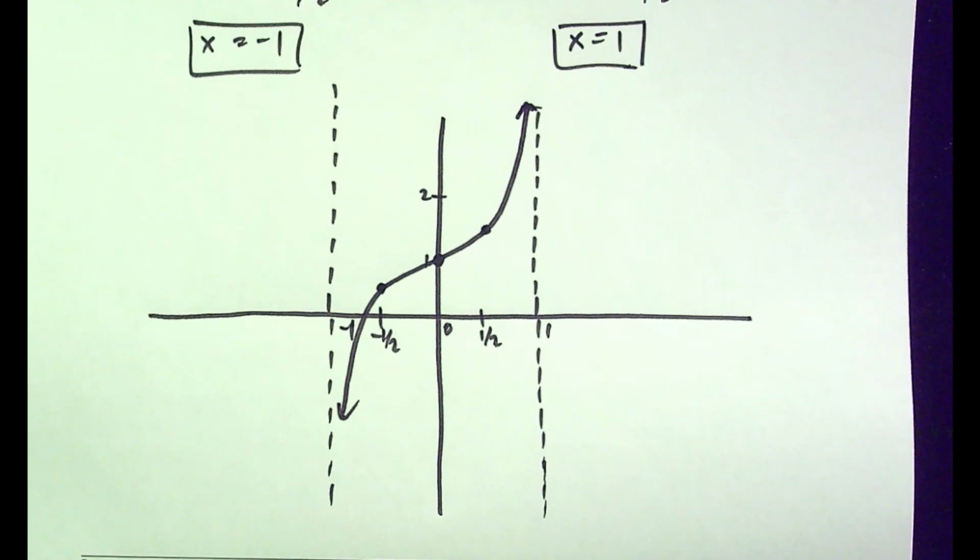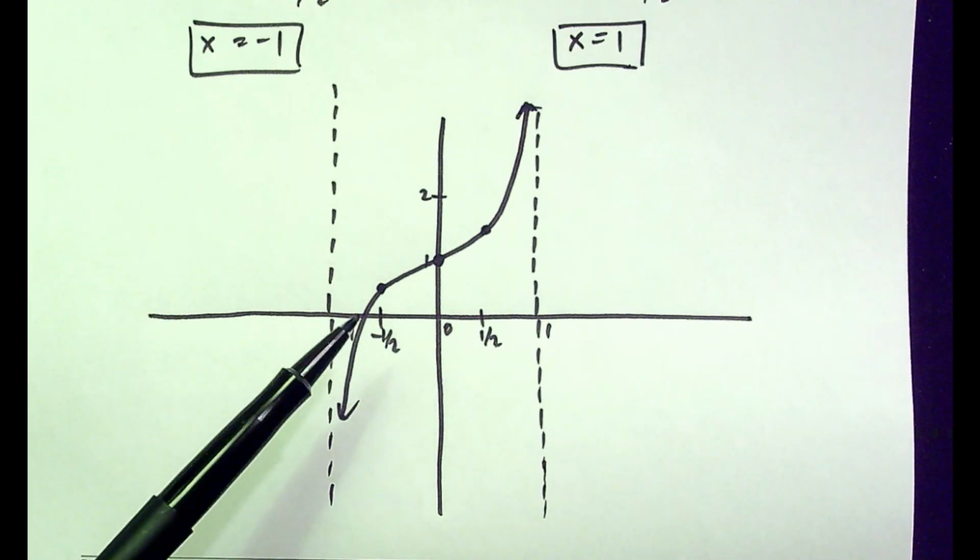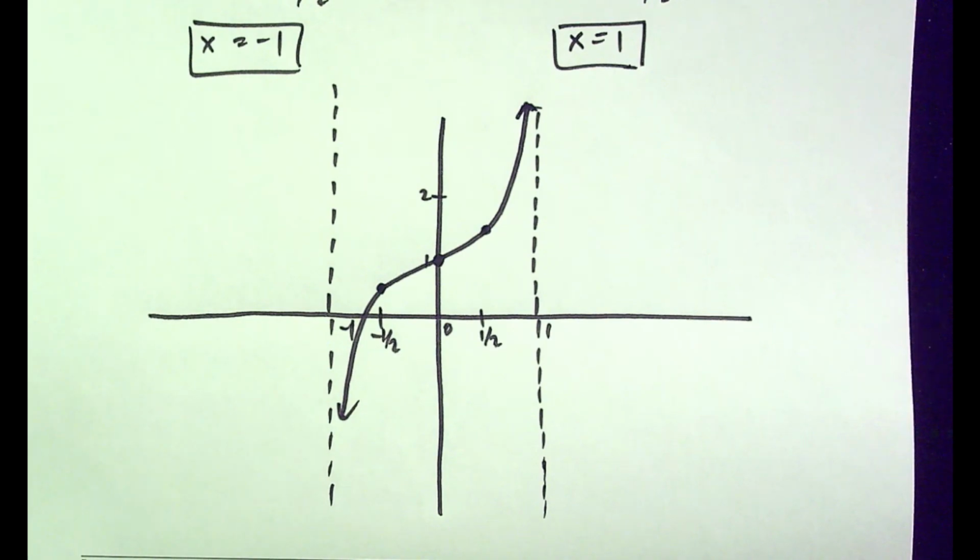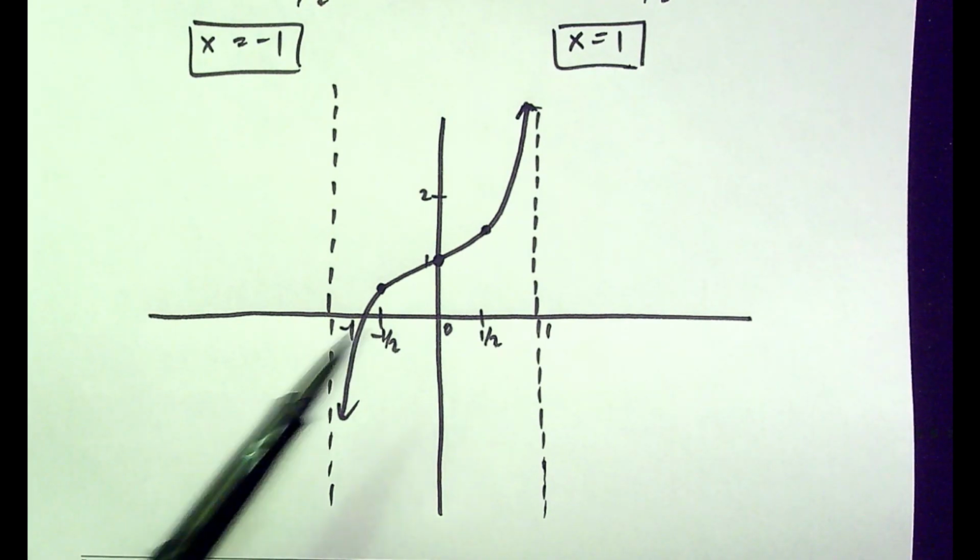Now, on the test and on the homework, this is usually multiple choice. You don't actually have to draw it yourself. So what you do is just choose the graph that satisfies these properties.